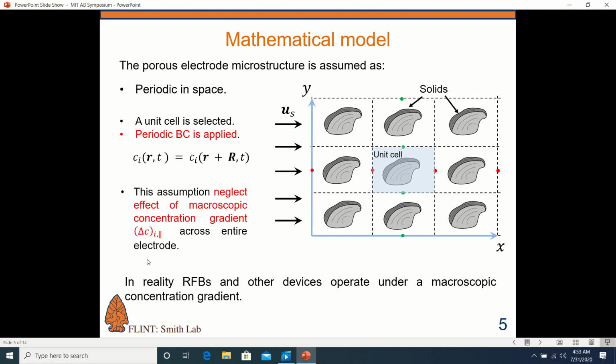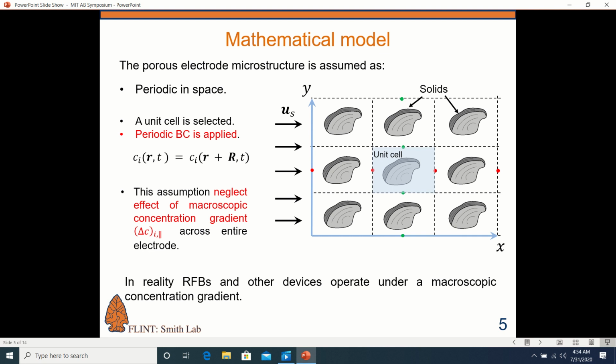So now we want to develop a model that can take care of those two problems. So remember those two problems. The first problem was the transient effect, and the second problem was the correlation between Sherwood number and Peclet number.